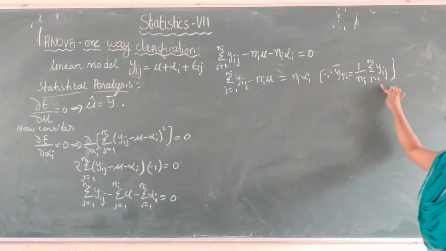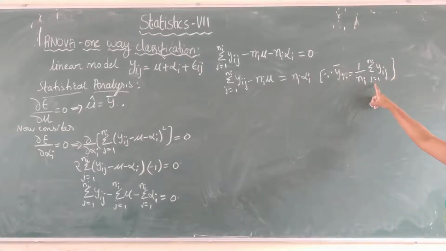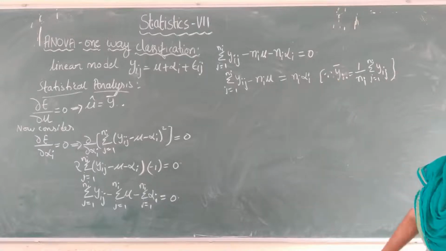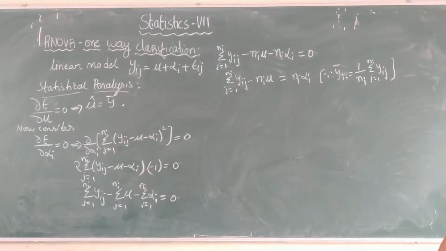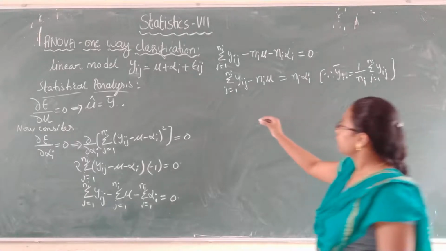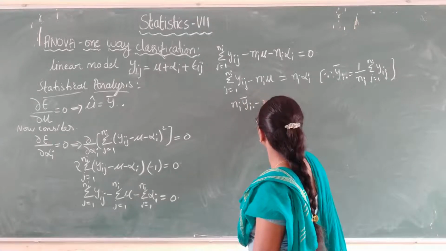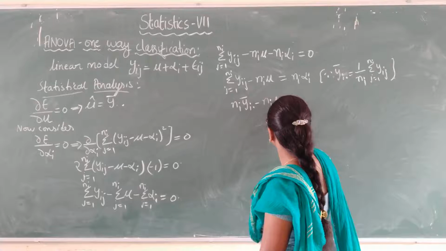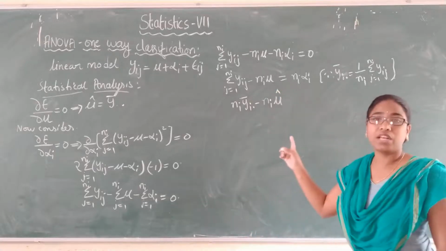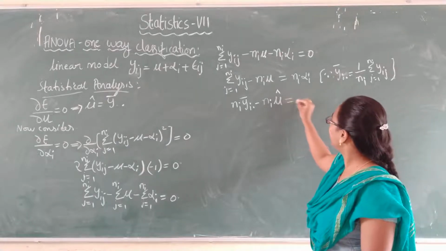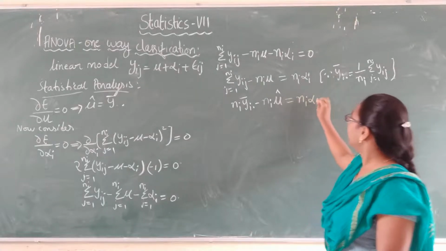So in place of summation j equals 1 to ni Yij, I can substitute ni into yi dot bar. So here you will get ni into yi dot bar minus ni into mu hat equals ni alpha i, substituting the estimated value of mu.